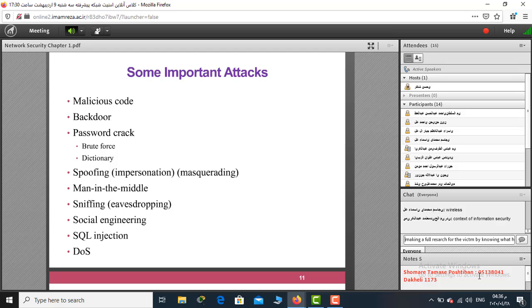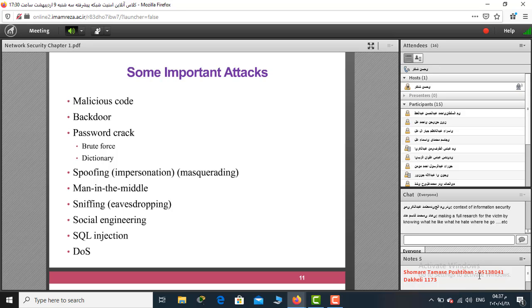Yes, psychological approaches, for example, to gain and to obtain the trust of the victim so that he will trust you and believe that you are a legal person and share his sensitive information with you. This is social engineering.